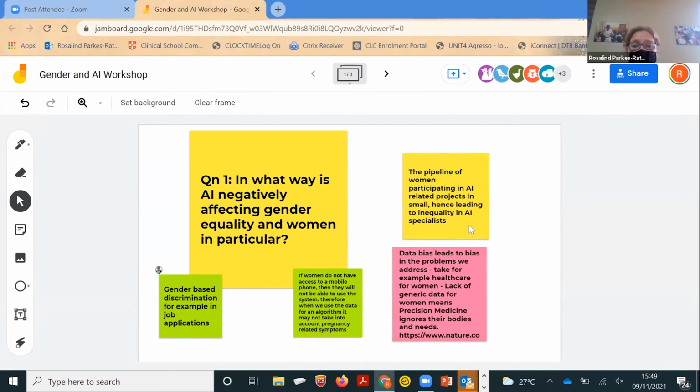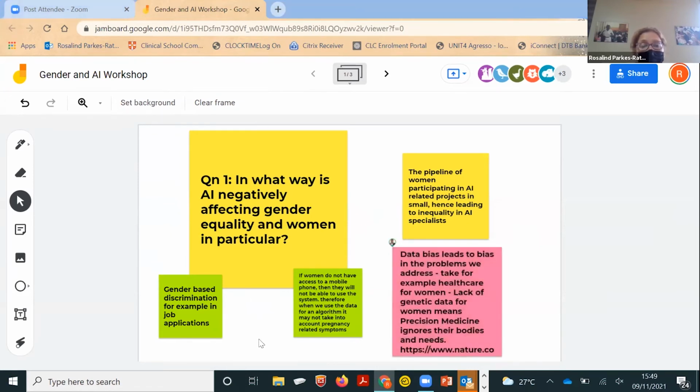So data bias leads to bias in the problems we address. For example, lack of healthcare data for women, lack of gender-specific data means precision medicine ignores their bodies and needs. And there's a reference there to a paper about this. So gender discrimination, for example, in job applications.